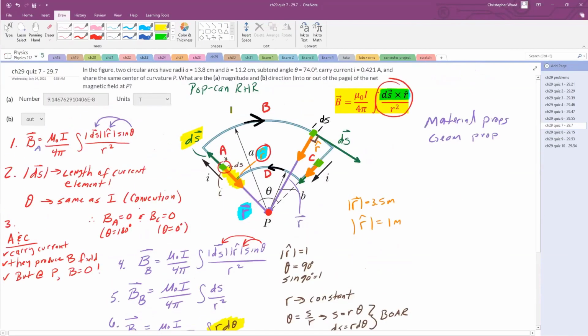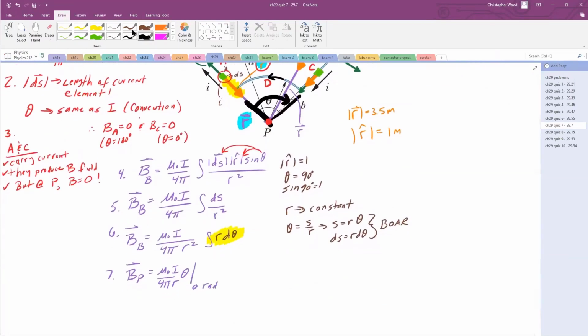So maybe I'll call this boundary over here 0 degrees. So I'm going from 0 degrees to, in my case, 74 degrees. Then I'm just going to convert from degrees to radians, which I'll do as 74 degrees times pi over 180 radians.